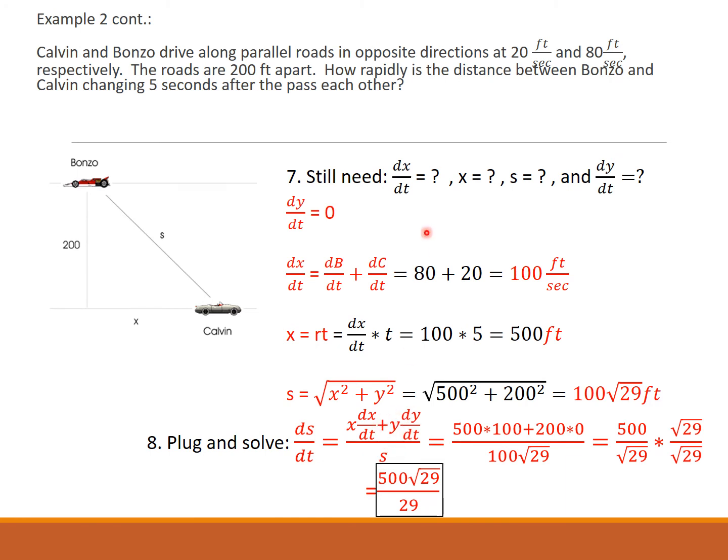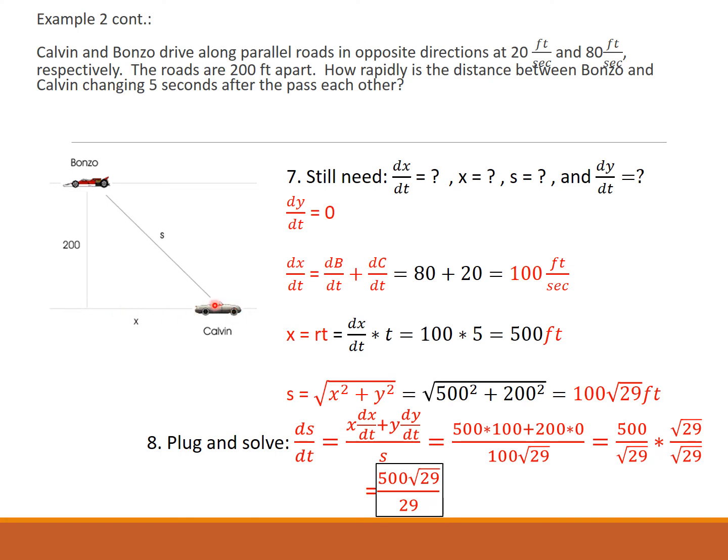Since y is a constant, the derivative of a constant is just 0. So dy/dt is going to be 0, and this whole term is just going to be 0. And then we're going to want to look at dx/dt, so how fast they're changing in this x direction.